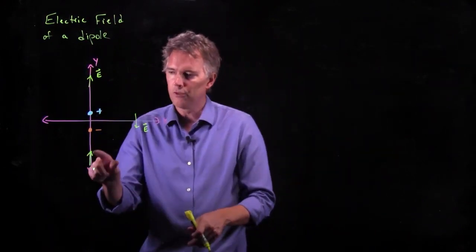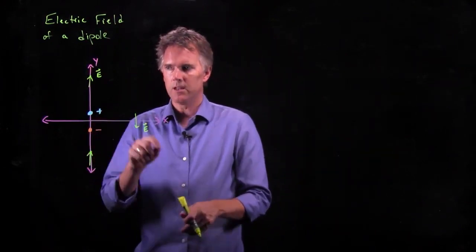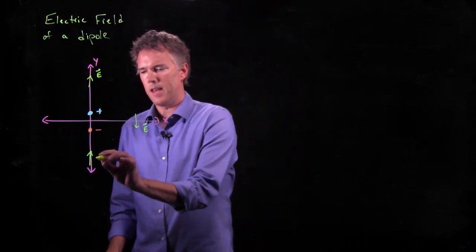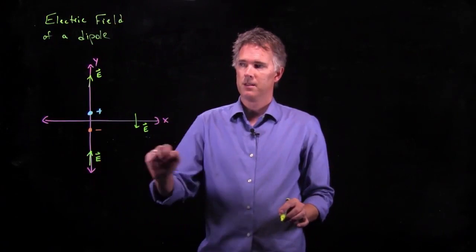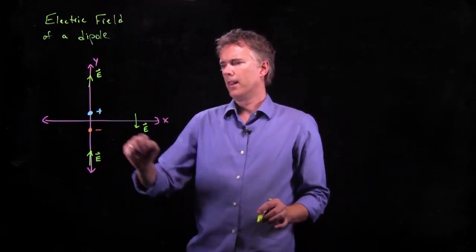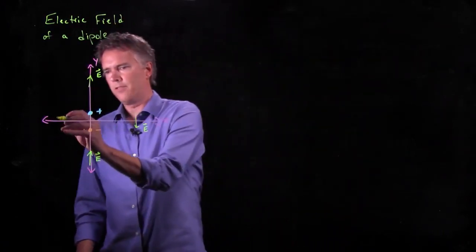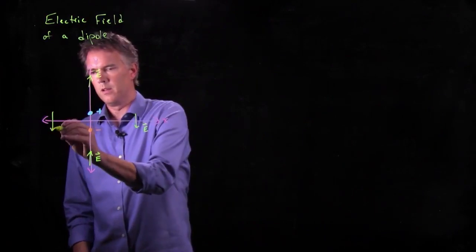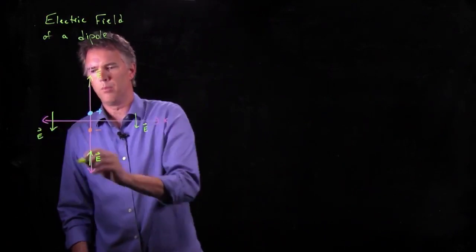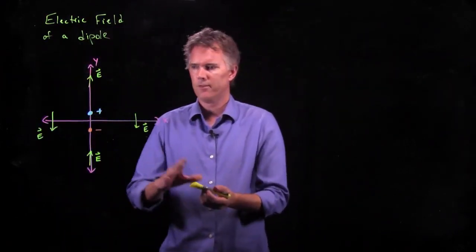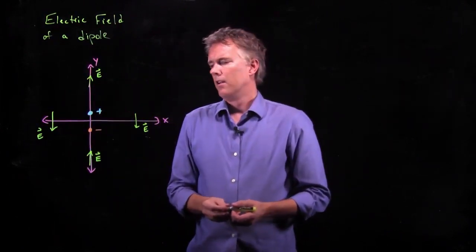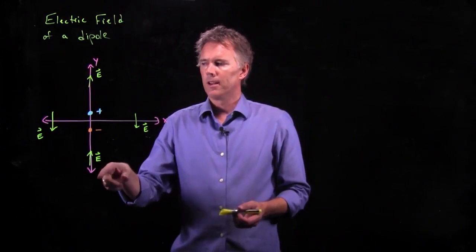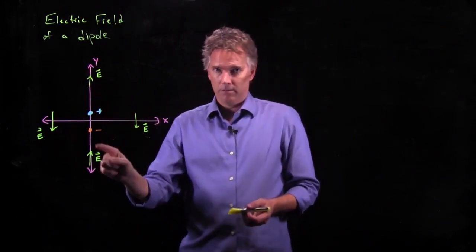Because it's a little closer to the negative charge than it is to the positive charge. And that is, in fact, correct. It's pointing up down there. What about over here on the left side? On the left side, by symmetry, we could argue that it must be pointing down. Right? If I flip this whole picture around, it's got to look exactly the same. So this is what the electric field looks like on the axes.